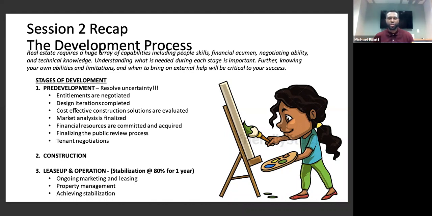You want to make sure you're dotting every I and crossing every T, so that when you get into the construction or lease-up phase, you're mitigating as many problems as you possibly can. This was a very important part of the session that hopefully everyone was able to take something away from.